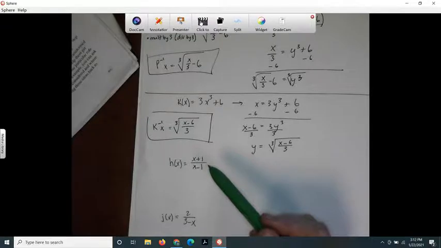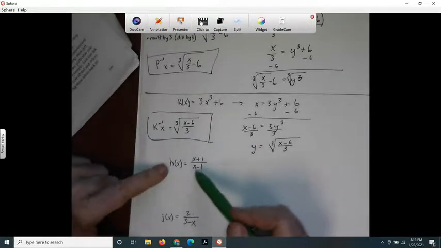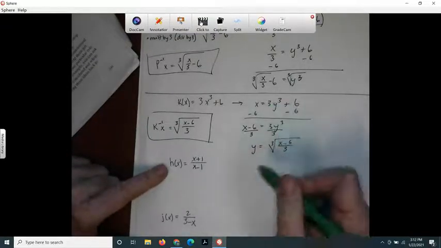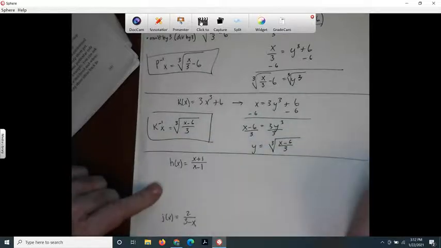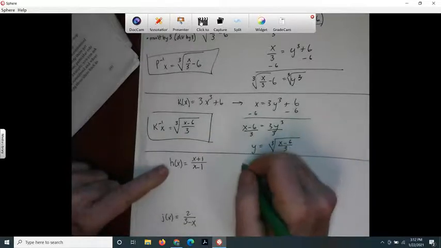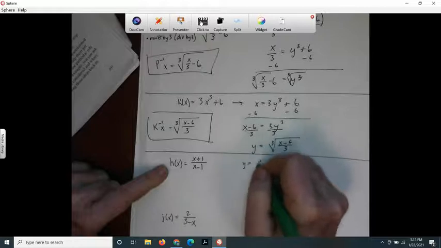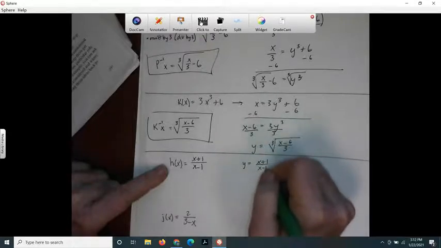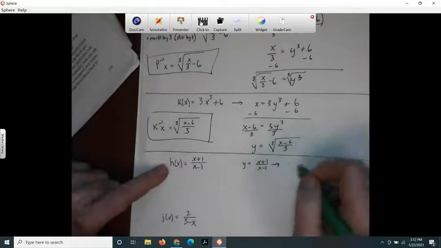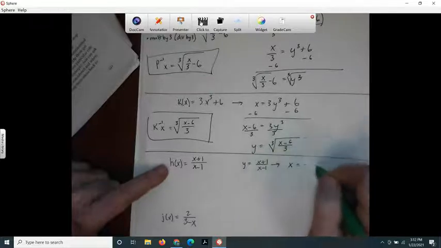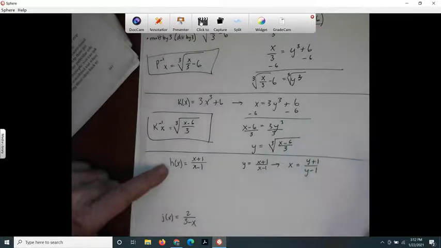So this one would be y equals. So that would be x equals. And then I want to try to get the y's by themselves. So I think I would do cross products.